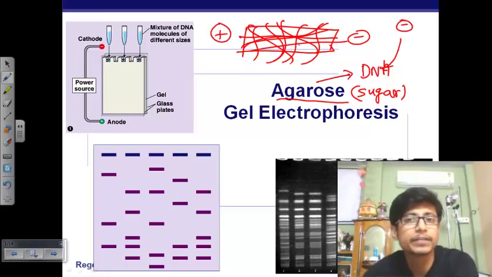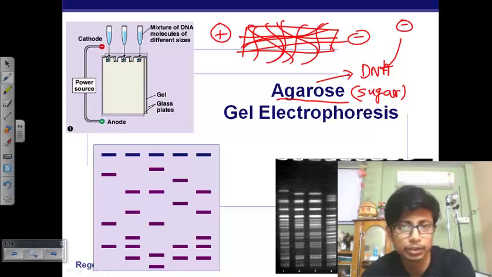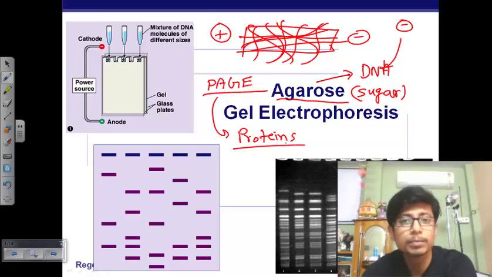Now there are several different types of electrophoresis available. This is agarose gel electrophoresis. Another type is polyacrylamide gel electrophoresis, or PAGE. Remember, this is for proteins.